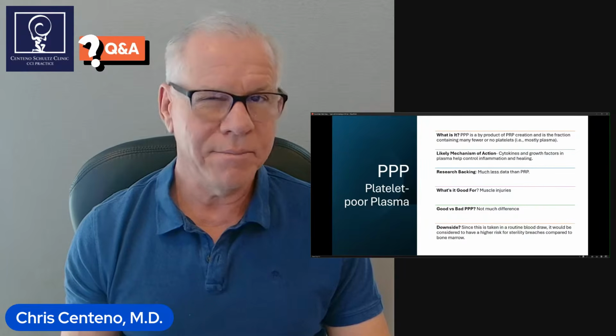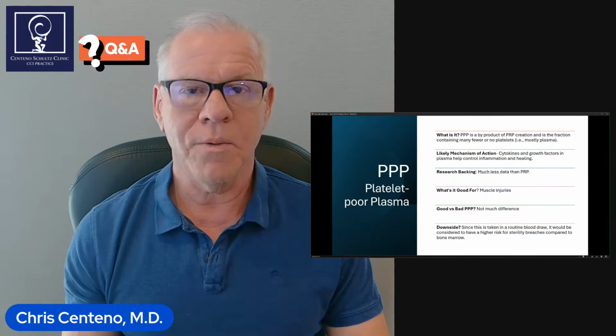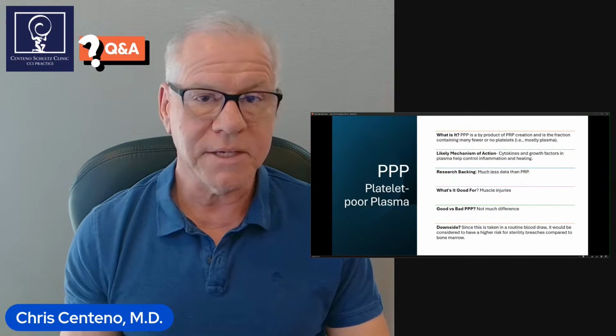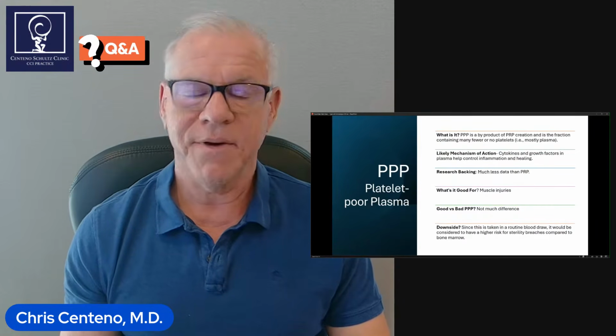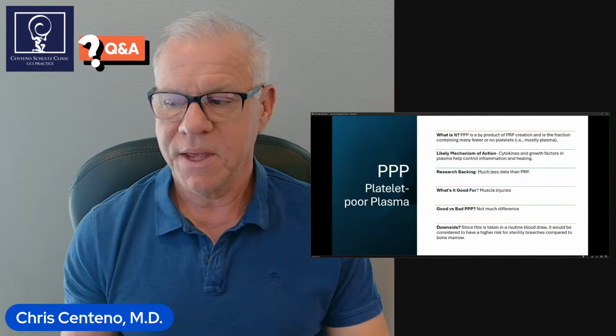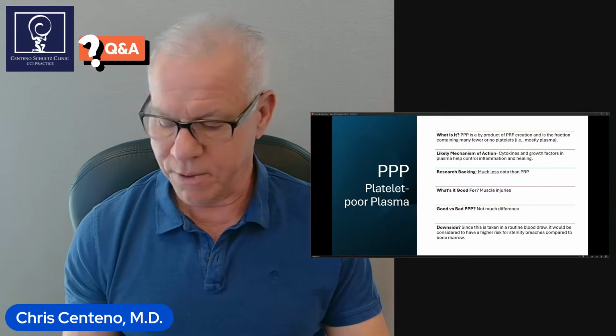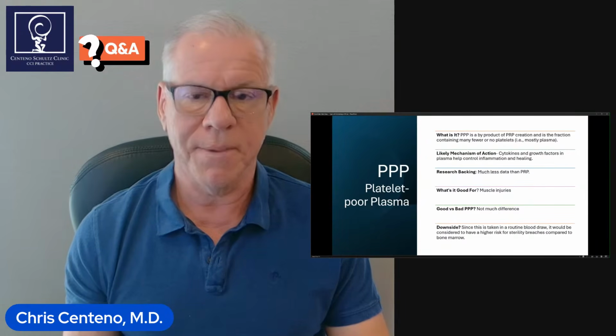As for research backing, much less data is available on PPP. We think it's really good for muscle injuries. As far as good versus bad, with PPP there's not much of a difference. And again, the same downside as PRP with regard to sterility breach possibilities.